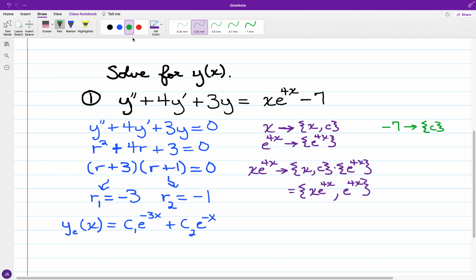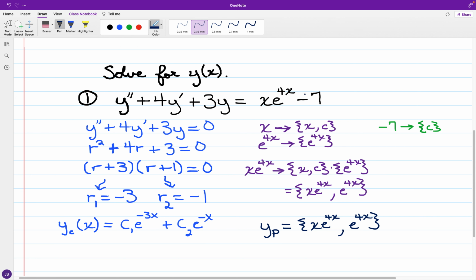And so in setting things up for y sub p, again, we have xe to the 4x minus 7. If we take what we have in the family of derivatives from xe to the 4x, I have this family: the elements xe to the 4x and e to the 4x.